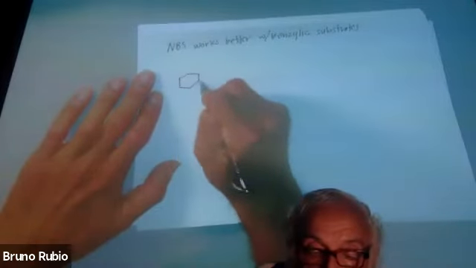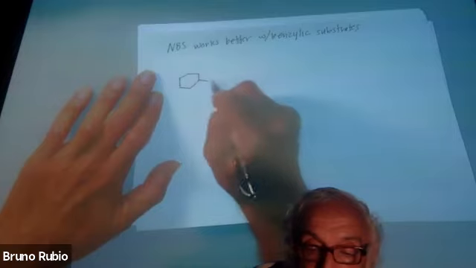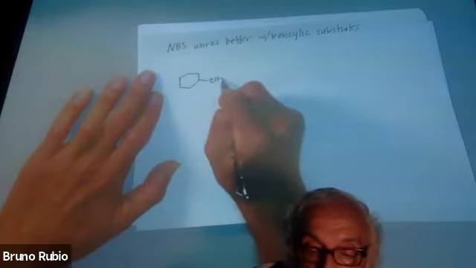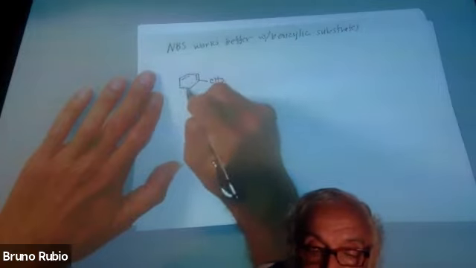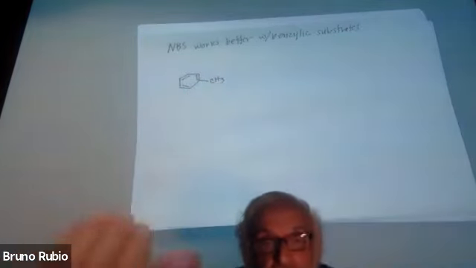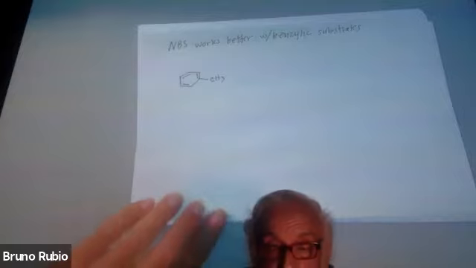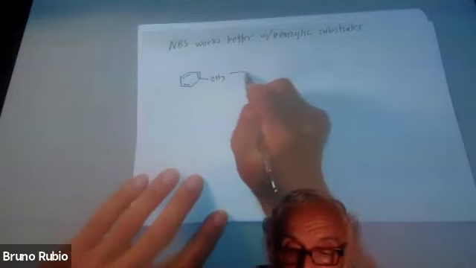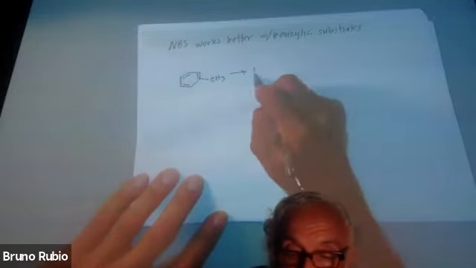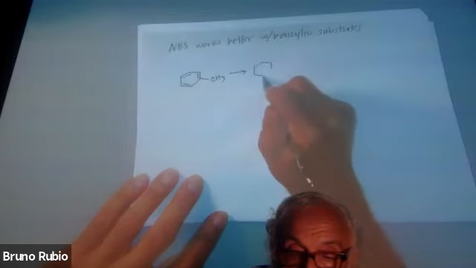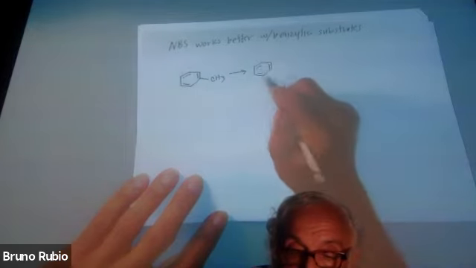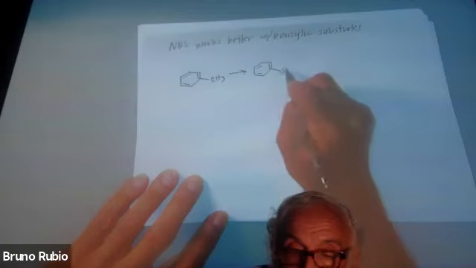So if we were to use the very same logic that we just saw for the allylic position with the benzylic position, we would say, okay, so the benzylic radical that is going to form is going to be this one.